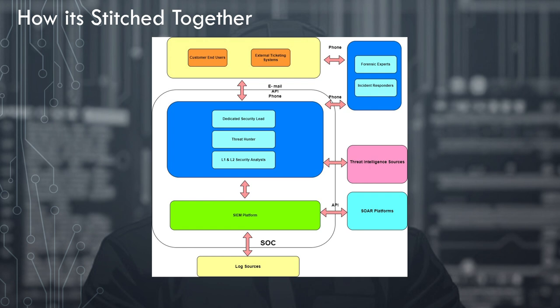Here we go. So in the middle, you see the SOC. Usually the people in the SOC are in a secured room or highly secured environment because they deal with critical, personal, highly classified information. And as I said, the base of a SOC is the SIEM platform.